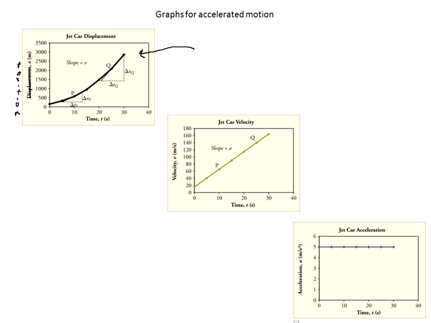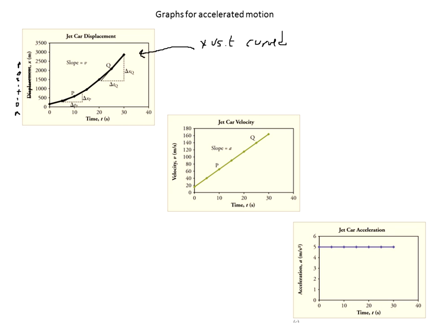So it's okay to say this represents jet car displacement, because we typically, especially if we're looking at trends like we're looking at here. So notice the position versus time graph is curved. And for uniform motion or constant velocity, it was straight.